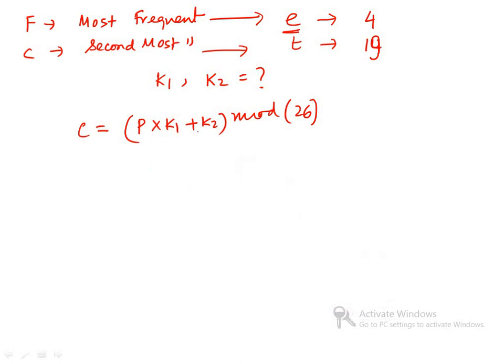Alright, let us take any two letters from the table. We know that F and C might have appeared in the ciphertext, the maximum and the second maximum.